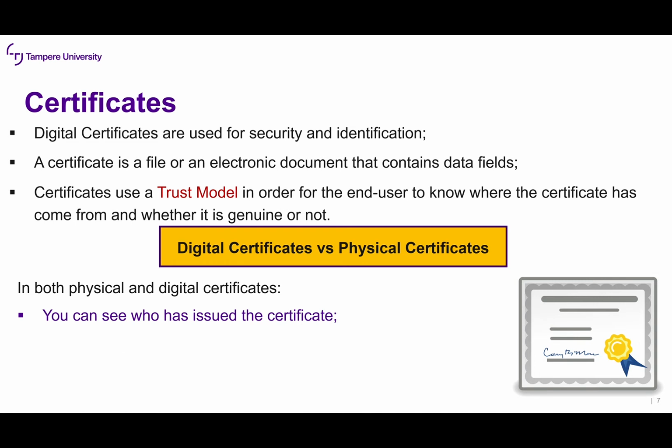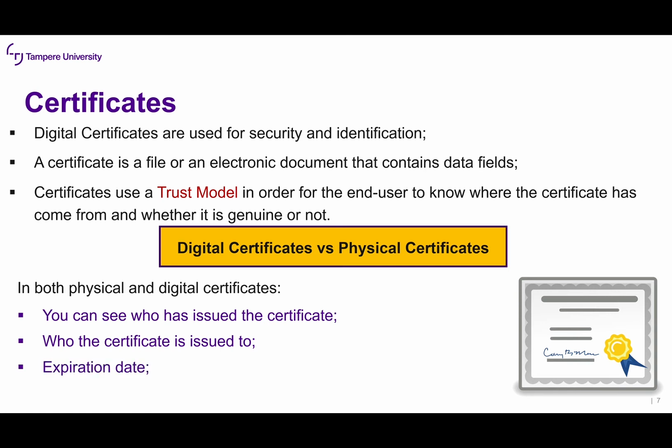So you know who issued the certificate. Then you know who the certificate is issued to. Once you see the diploma of someone, you can see his name there. So you know that Harvard issued the certificate for Antonis, for example, right?